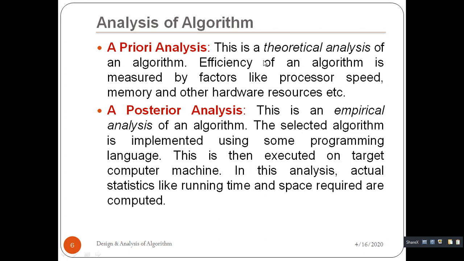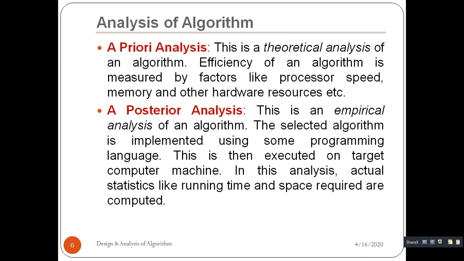So this is just the theoretical analysis of an algorithm, in which we check the efficiency of an algorithm by taking the hardware aspects into consideration, like the processor speed, the memory, and other hardware resources present in a computer system. For example, if our processor speed is very high, we'll say our algorithm is efficient.